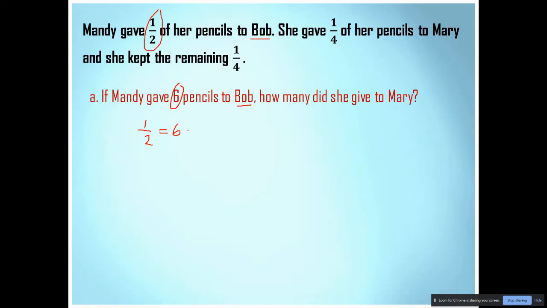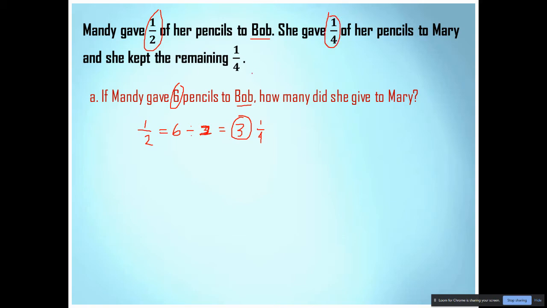So we can get the answer by dividing 6 by 2, because 1/2 is 6, so 1/4 is 3. So this should be the 1/4 that was given to Mary. But for those who cannot relate well to this, you can simply find 1/4 of the whole.